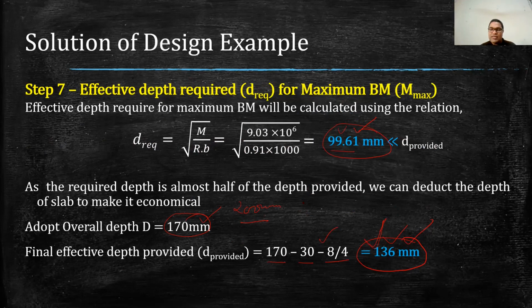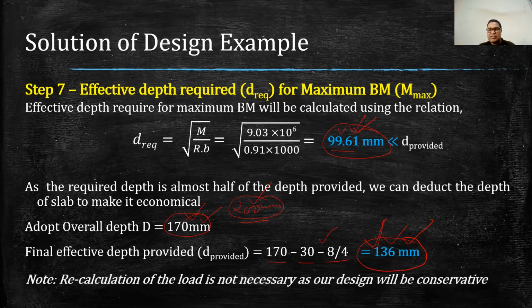Either we again calculate the load, again calculate all the moments, or you can see for 200 mm, there will be a higher load, and if we calculate for 170 mm, there will be a lower load than what we have considered in the load calculation. So in that case, I can say that we are actually on the conservative side. So therefore, load recalculation is not necessary in this case. And that is what I have written: recalculation of the load is not necessary, as our design will be on the conservative side.